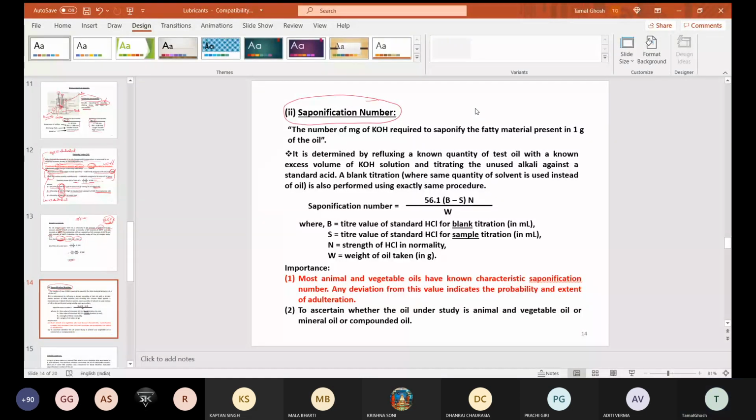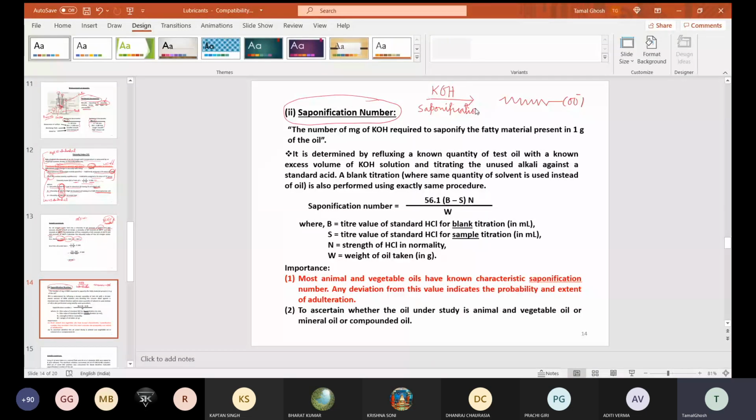Before going to the definition, I am trying to make you know this. This is our saponification.